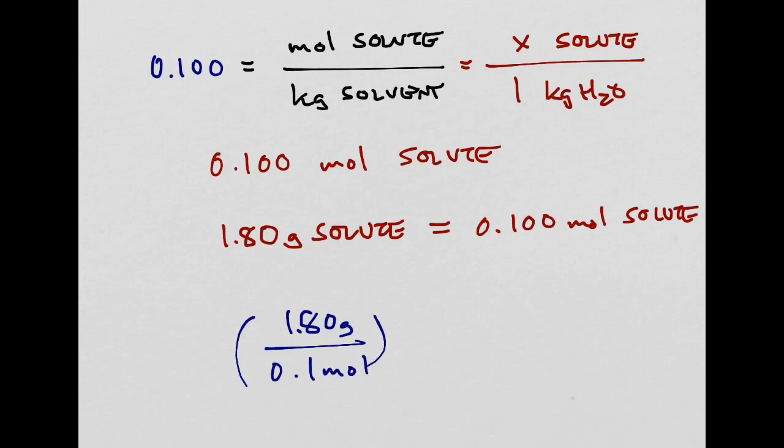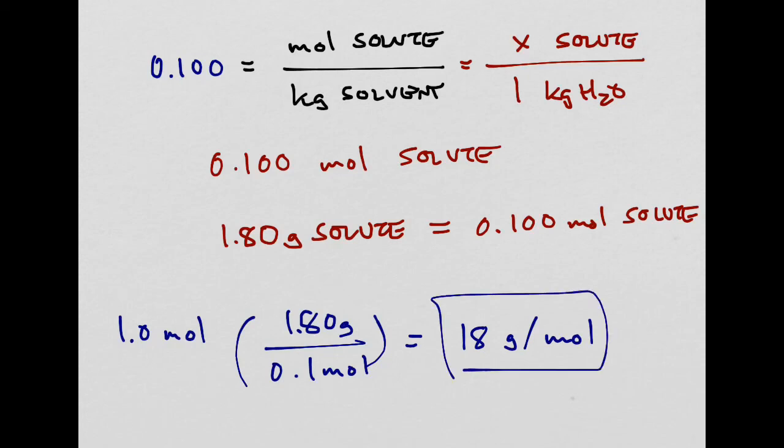Of course, you want an entire mole, not just 0.1 mole, so this is what it would look like if you were multiplying the number of moles you want by the equivalency. When you crank that out, it's 18 grams per mole. That, folks, is the molar mass of the substance that I dissolved into the water.